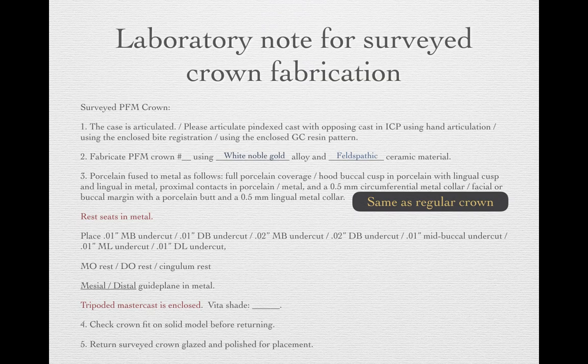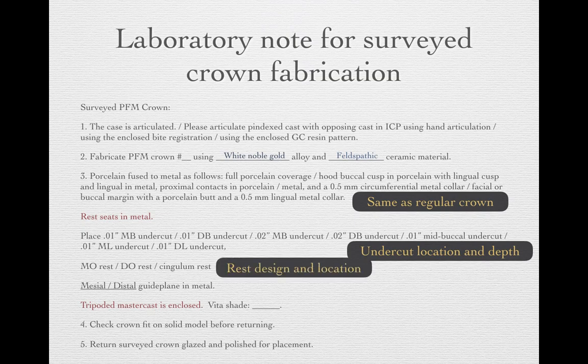So the first is the same as the regular crown. You have to tell the lab what's your occlusal design, what's your marginal design. The difference is that you have to incorporate the survey crown design into a lab order. So first of all, you have to tell the lab where's your undercut and what's the depth of the undercut you would desire to have.